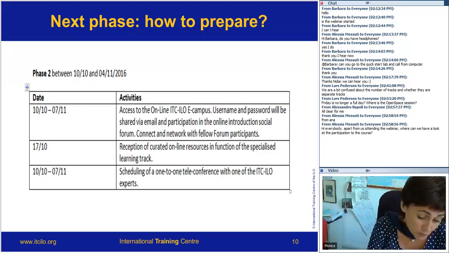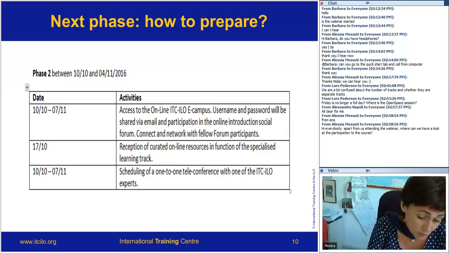So as a critical friend, you will be custodian of the agenda and of the processes and of the community that we are going to create throughout this 5-day workshop. But this is just to provide you with a nutshell, and more information and step-by-step instructions will be provided on the eCampus as of next week.